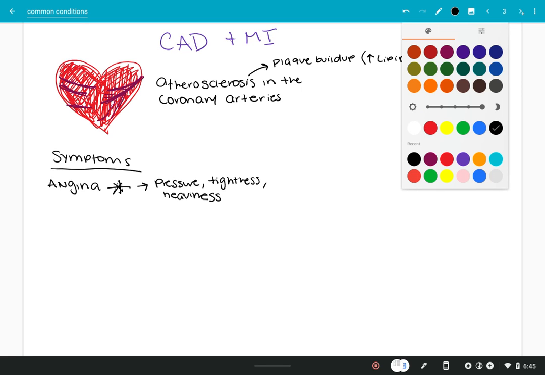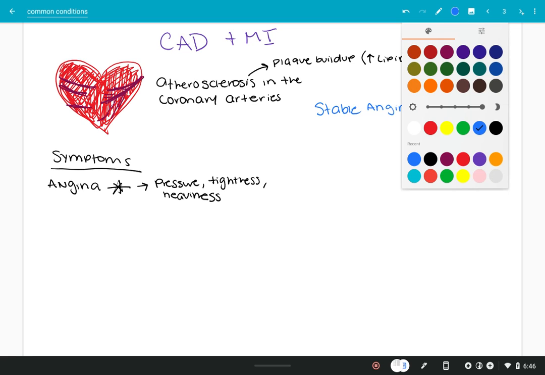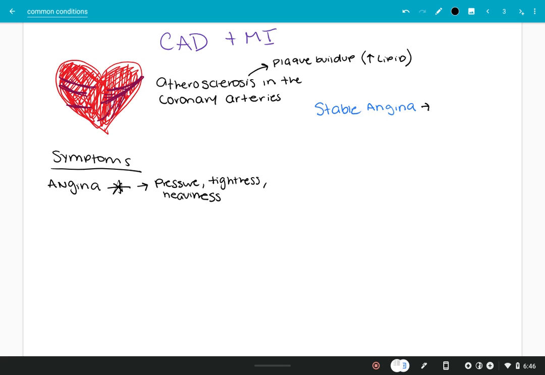So we've got 4 different types, and we're really going to focus on 3 of them. So you have stable angina. And the reason it's stable is because this one occurs with an expected pattern, and it's normally exercise induced, or activity.